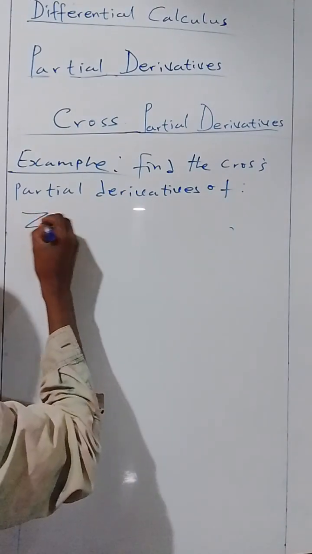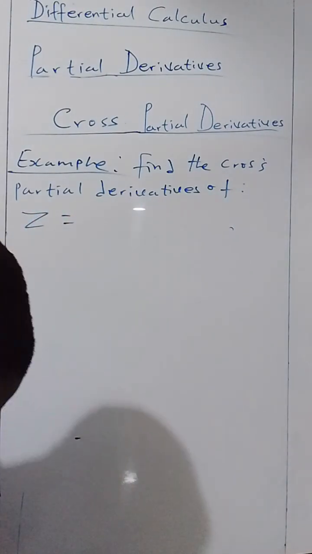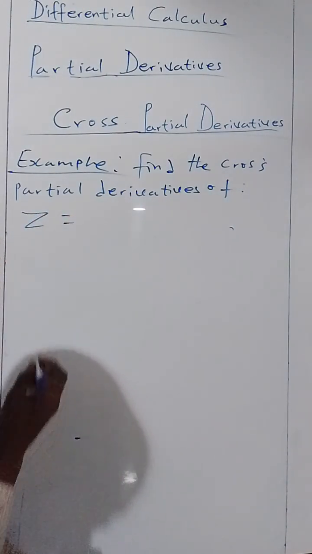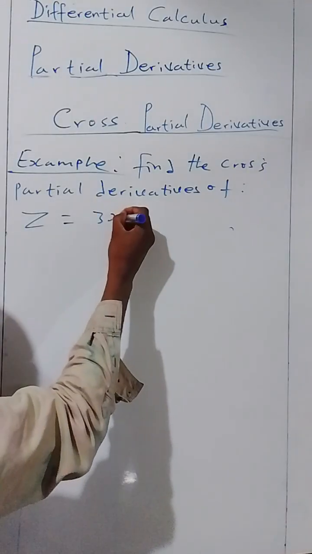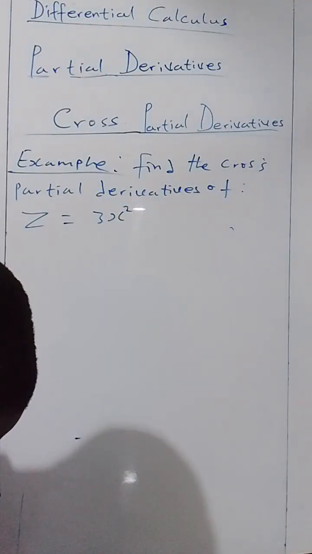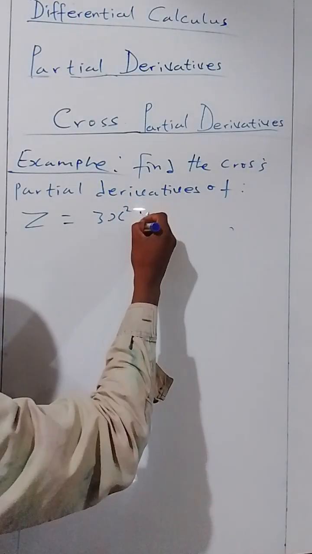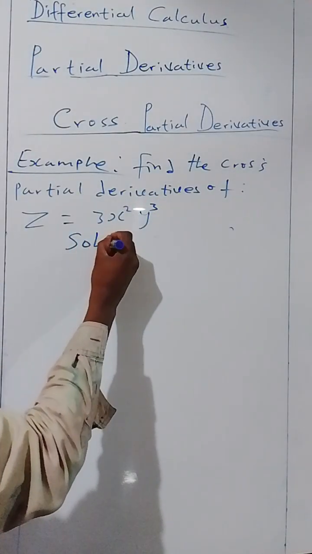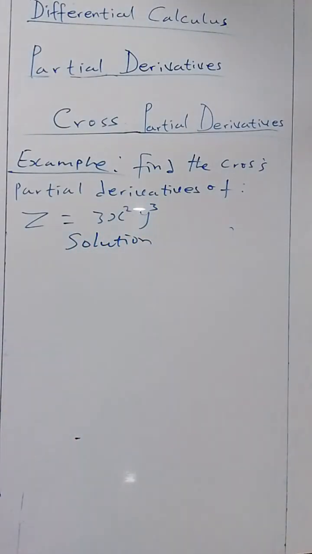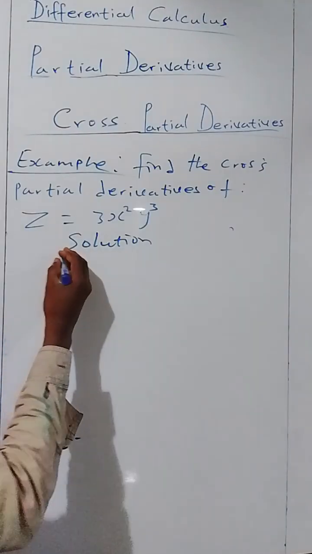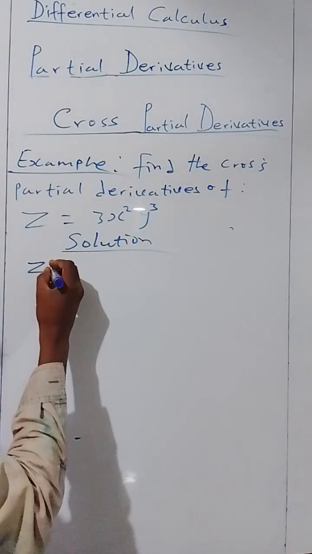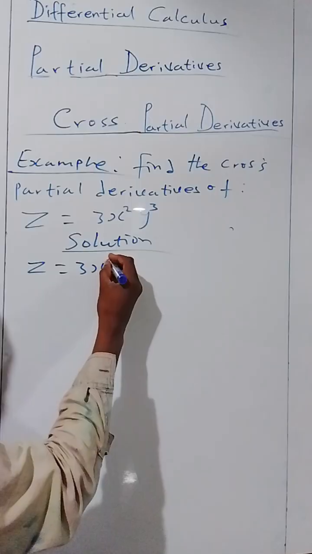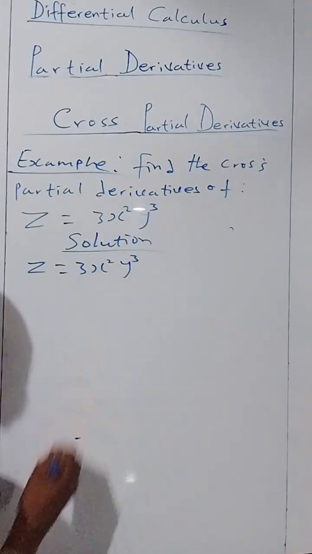Let's say we have z equals 3x squared y raised to power 3. So how do we solve this problem? It's very simple. Let's write the function: 3x squared y raised to power 3.